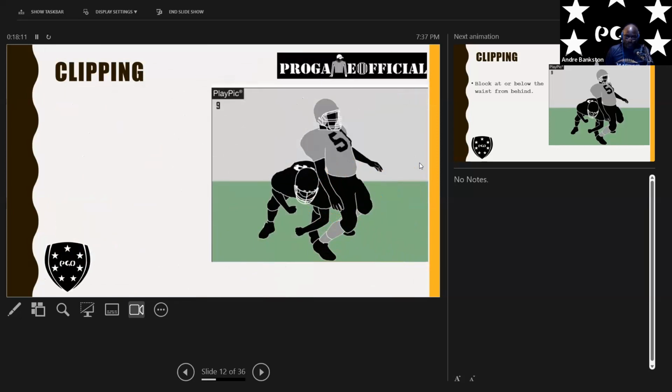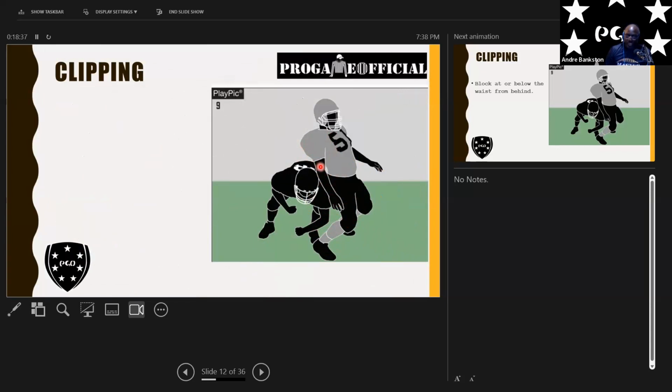Clipping, okay? Now, one thing I didn't do, I didn't get a picture up here of a player front and back. I told you about the hemispheres of a player. We have the front side here, and then we have the lower hemisphere, and then we have the back lower hemisphere, and then we have the upper hemisphere.